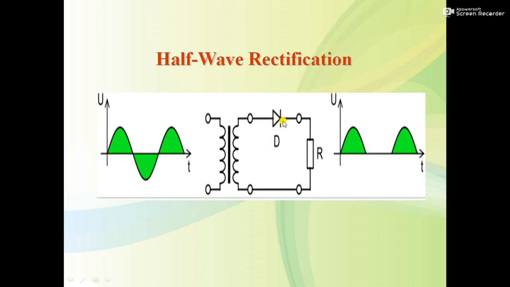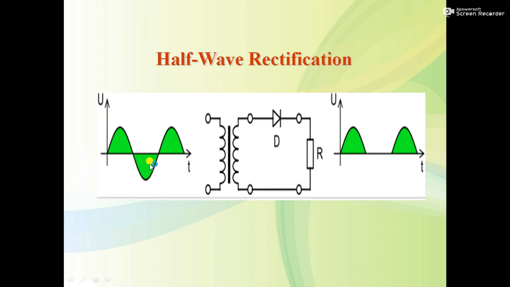Then it allows the current to flow through the diode as well as the load resistor. At that time, whatever positive half cycle we apply, across RL we get the same positive half cycle at the output stage.